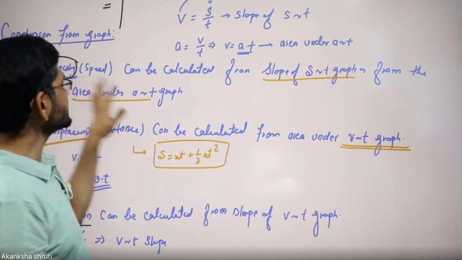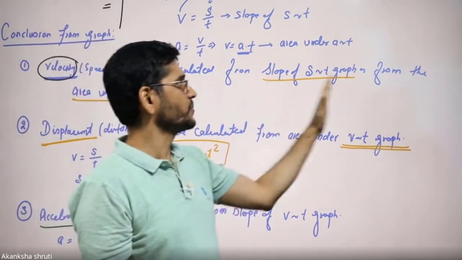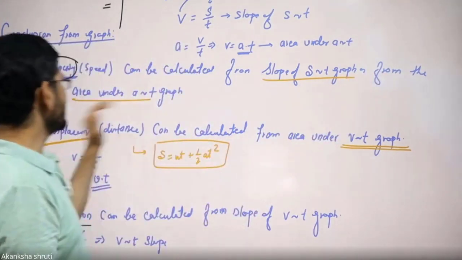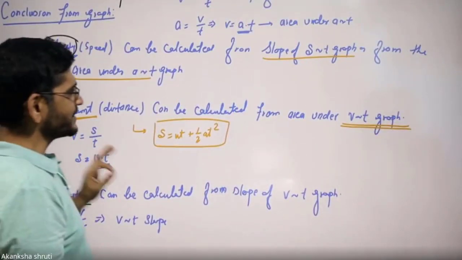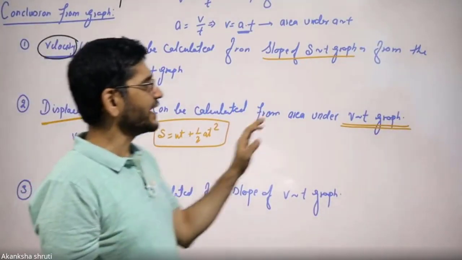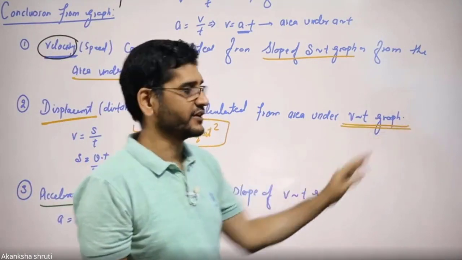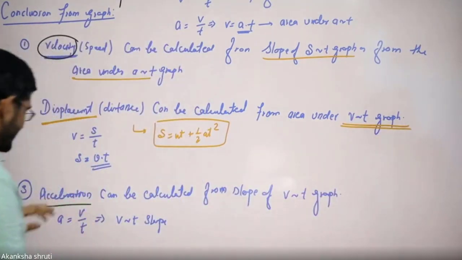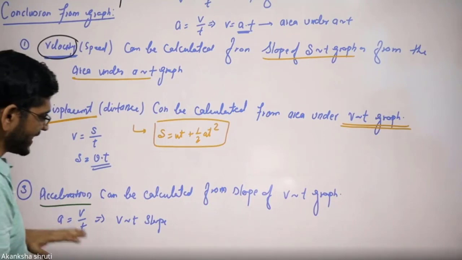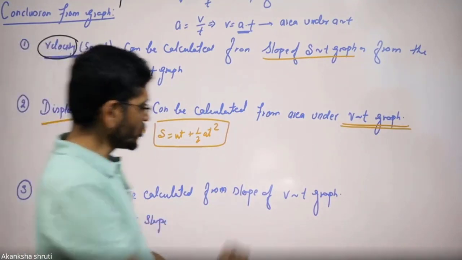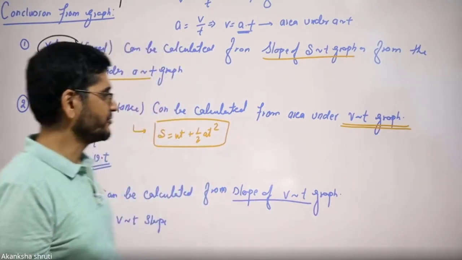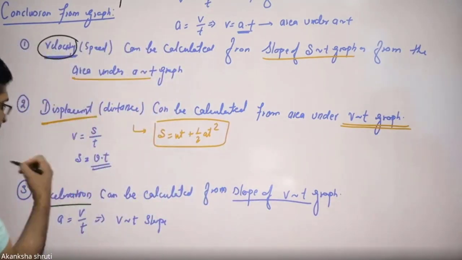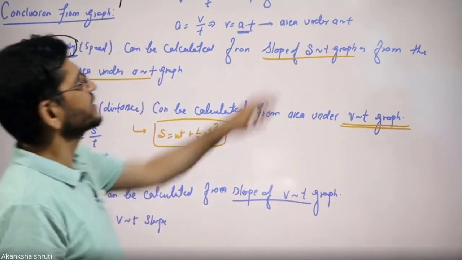So velocity can be calculated either from the slope of the ST graph or from the area under the AT graph. Now displacement can be calculated from the area under the VT graph by only one method. And acceleration can be calculated from the slope of the VT graph. So these three things are very important. Based on these three, different kinds of questions are framed.